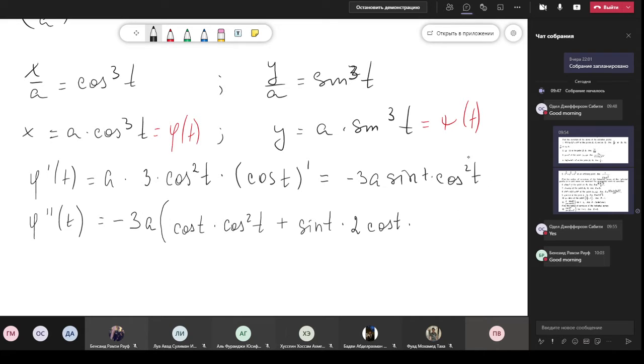The derivative of cosine is minus sine of t.